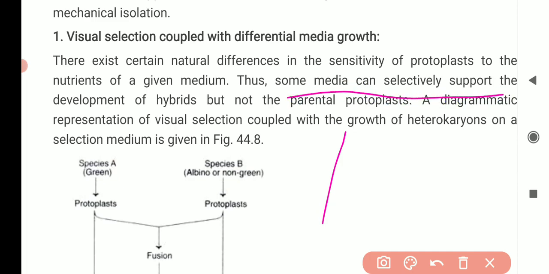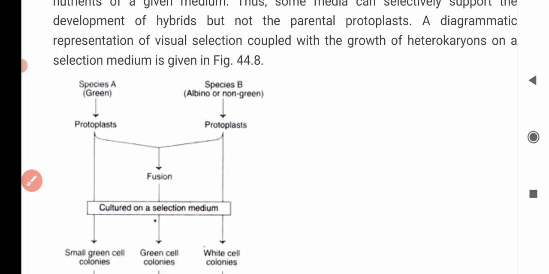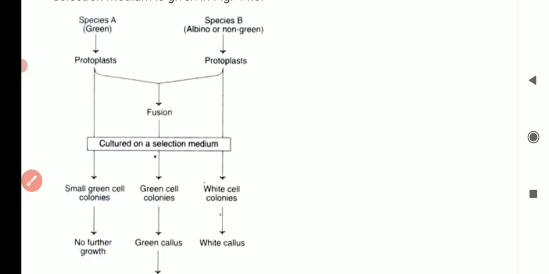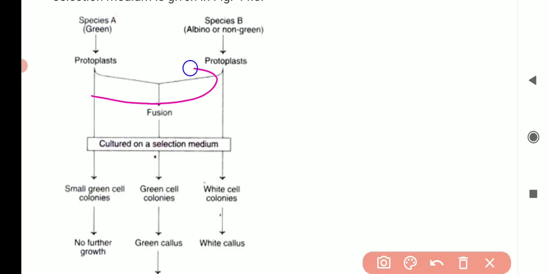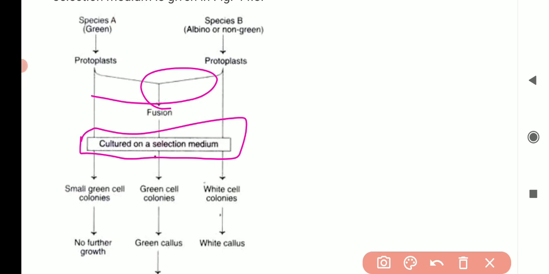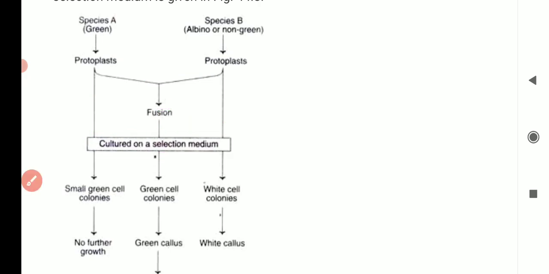Some media can selectively support the development of hybrids, but not the parents. So let's look at the diagram. You got the hybrid, fine, but you culture it on the selected media. Selected media means you change the concentration of this and that.